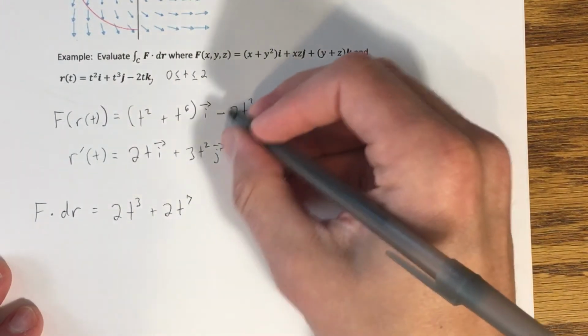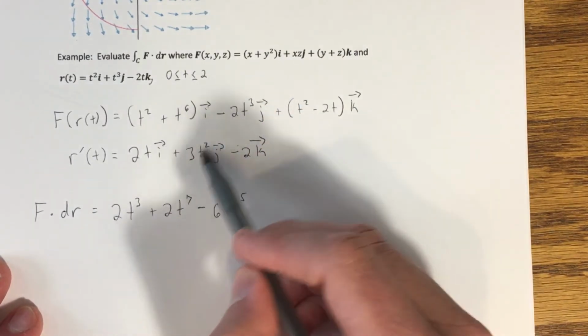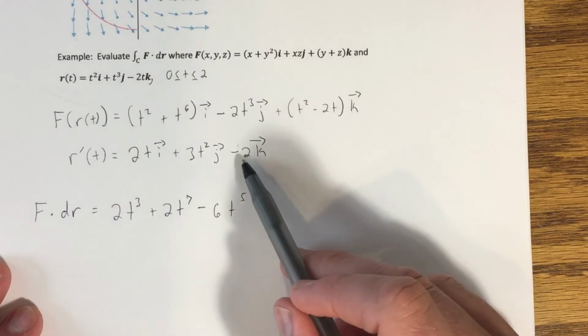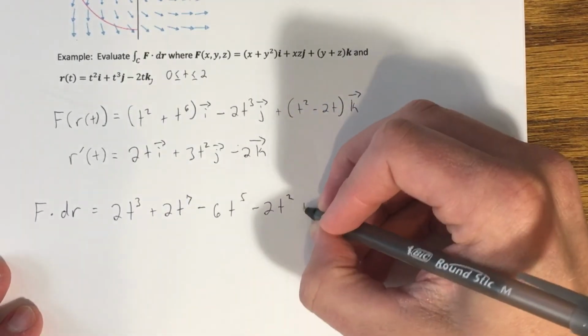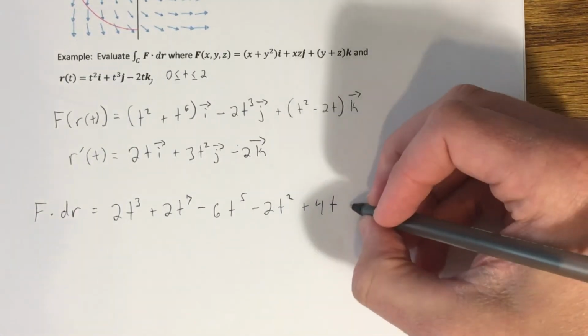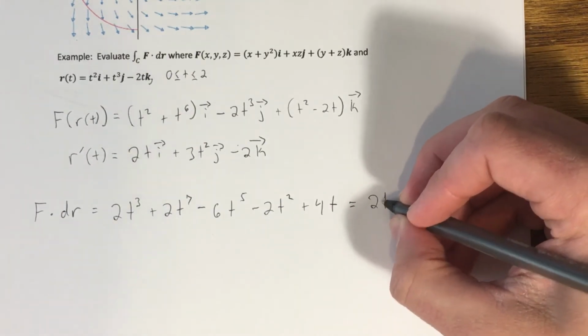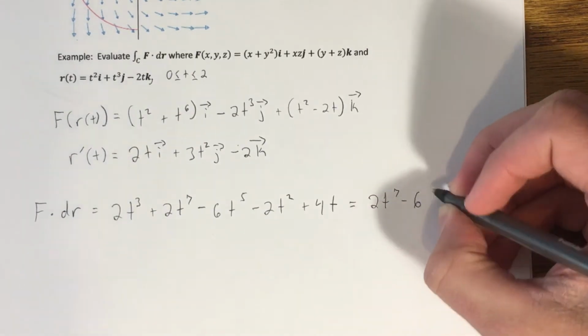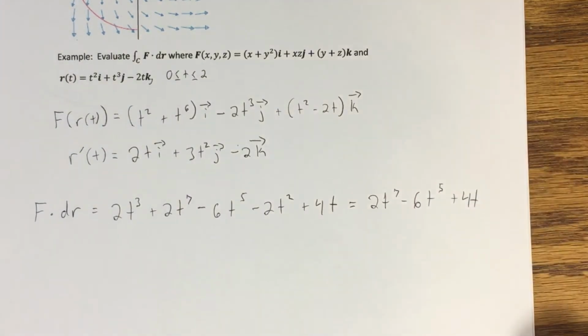That's going to be actually negative, so it's minus 6t to the fifth. I could see that's what the product of these would be. And then negative 2 times this. It's going to give me minus 2t squared plus 4t. That's what my dot product comes out to. There's some simplifying that can be done here. This is equal to 2t to the seventh minus 6t to the fifth plus 4t.